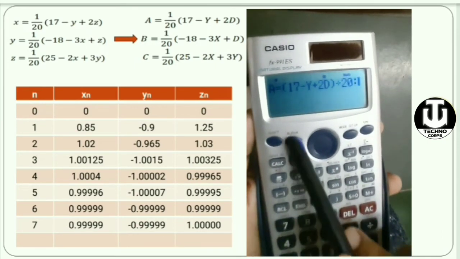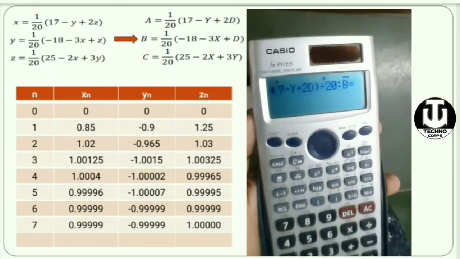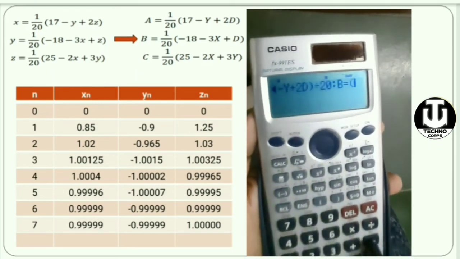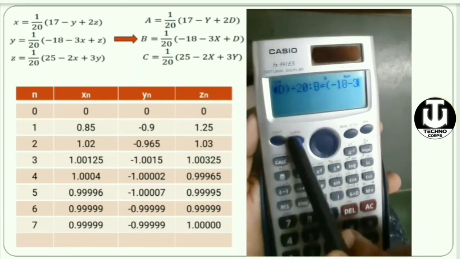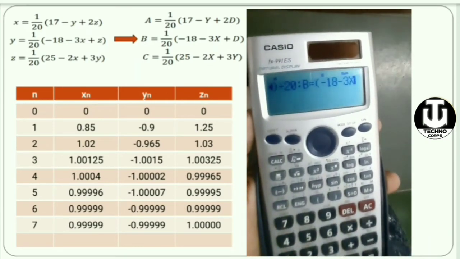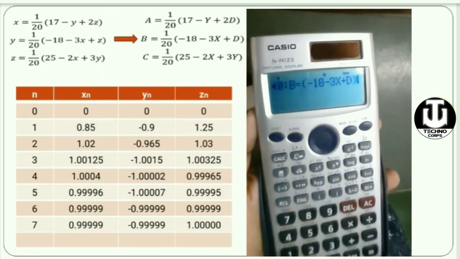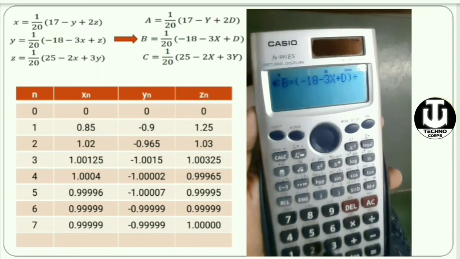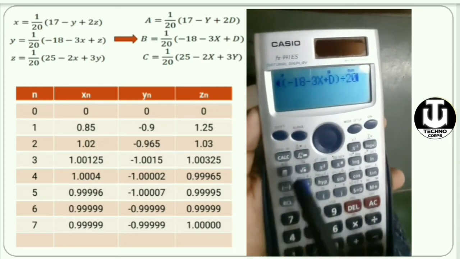Now what is the second equation? That is B equals minus 18 minus 3x plus d, bracket close, divided by 20. So I have completed the second equation.